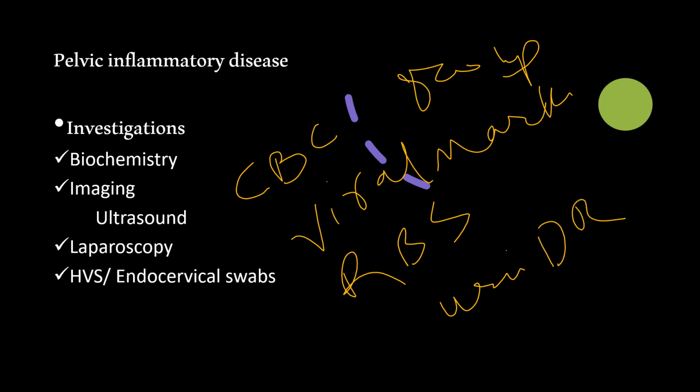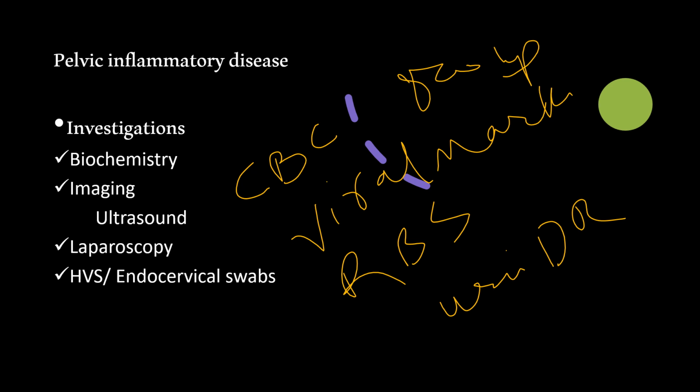CBC may show a raised total leukocyte count, a raised ESR, and a raised C-reactive protein. These three are inflammatory markers, but though they are non-specific to PID, they only suggest that somewhere inflammation is happening in the body.